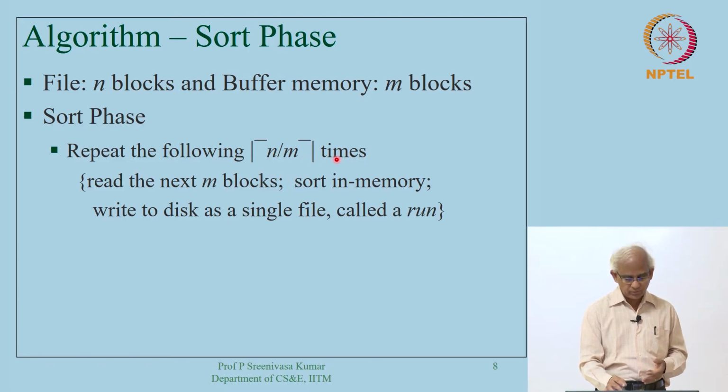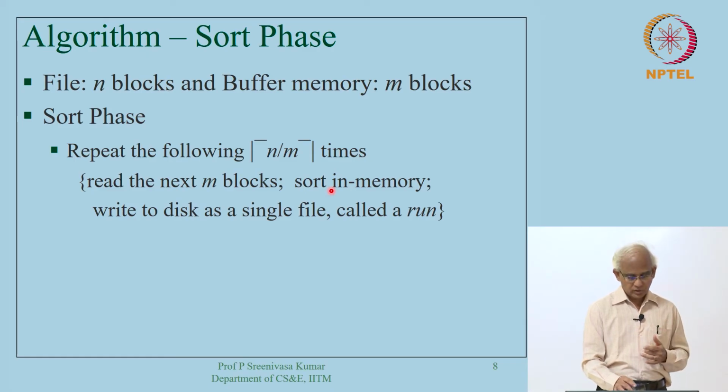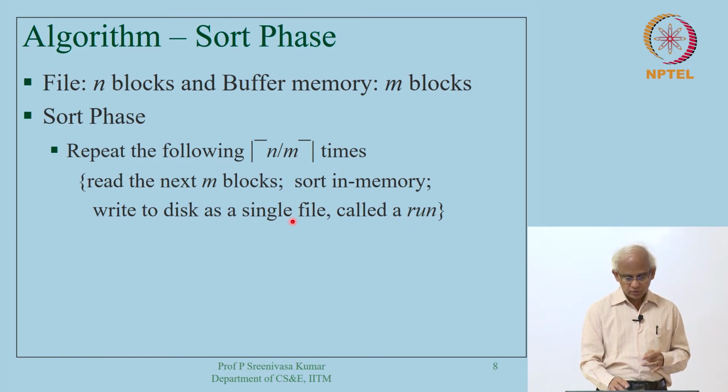Each time, read the next m blocks, or a part of it, since the last time you may have fewer than m blocks. Sort them in memory, and then write them to disk as a single file called a run.